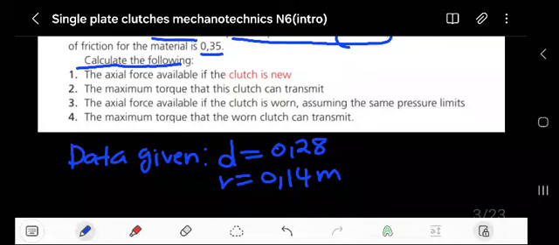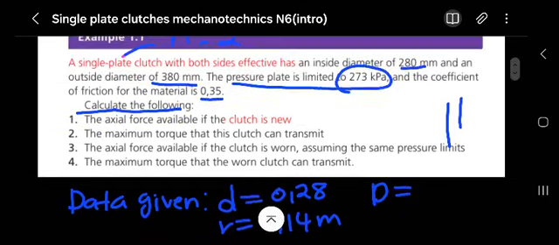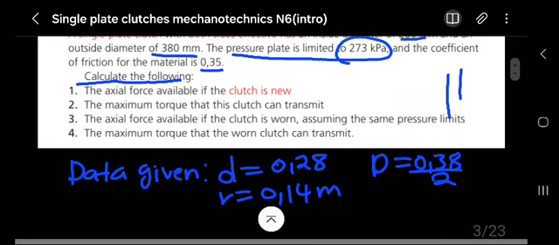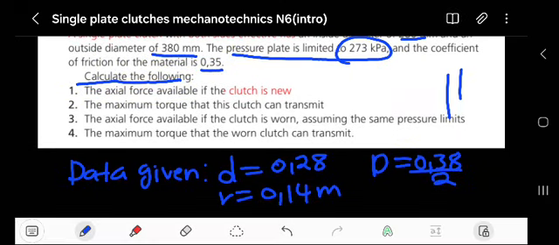Let's check the outside diameter. Outside diameter is 380. When you divide 380 by 1000, we'll have 0.38 in meter. Then we divide this by 2. What is this, our outer radius?